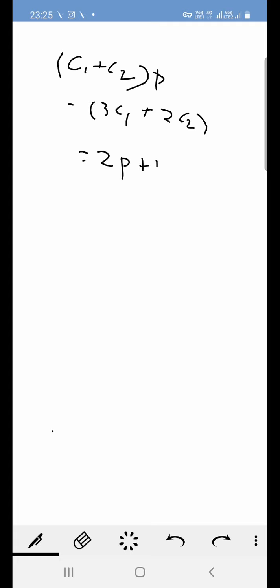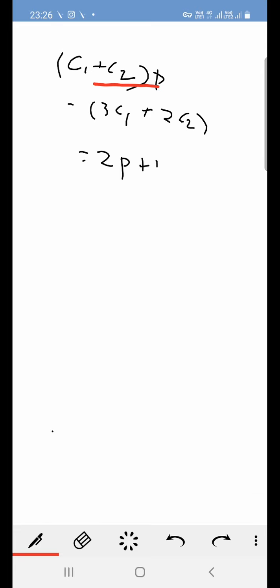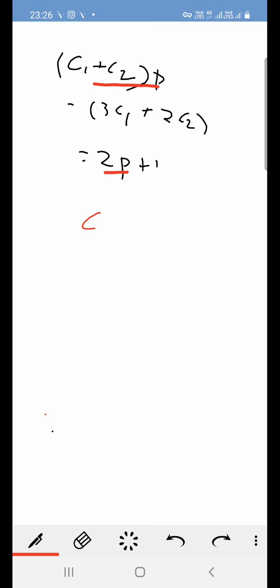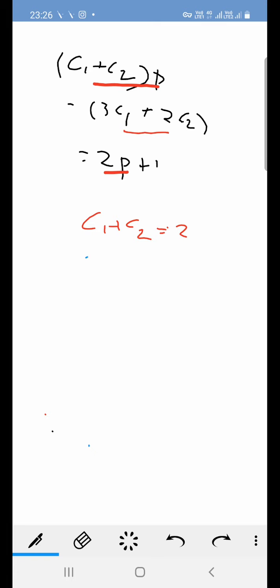Comparing these two, we see that C1 plus C2 is equal to 2, and 3C1 plus 2C2 is equal to 1.